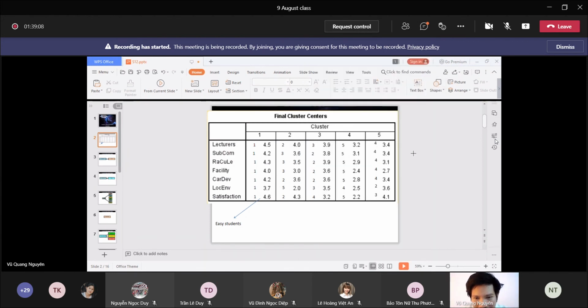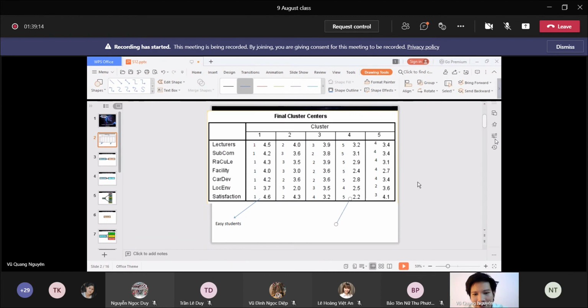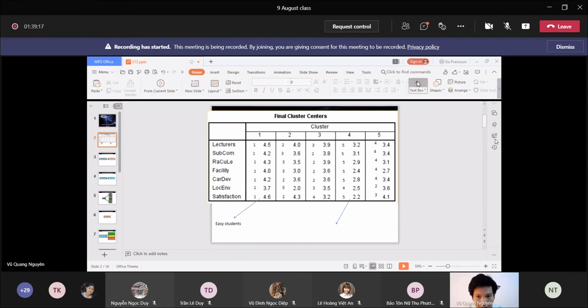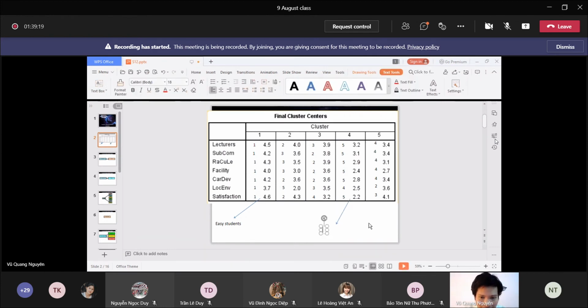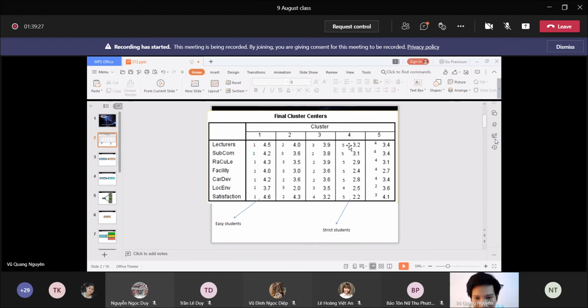What about cluster 4 here? In contradiction to cluster 1, you can see that in cluster 4, they are very strict. So I call them strict students. You can see that they rank number 5 in all aspects. I mean, very low in all aspects.